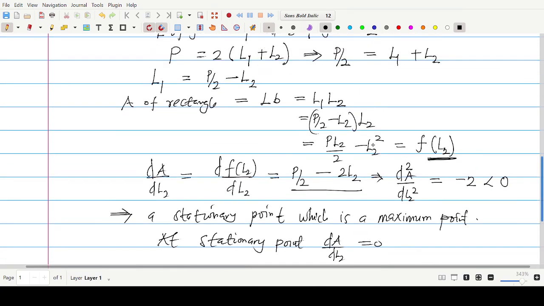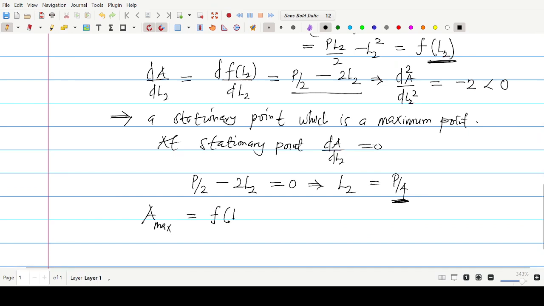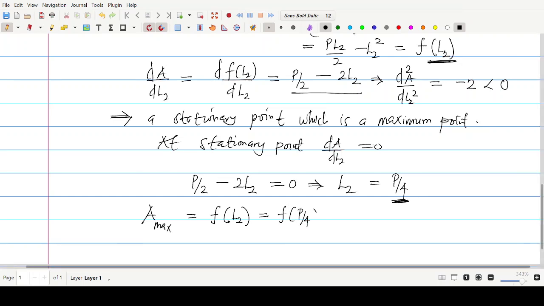So in that case, the maximum area of the rectangle, which is A max, equals F of L2, and now that L2 is obtained to be P over 4, it is F of P over 4, which is P multiplied by P over 4, over 2, minus P over 4 all squared.